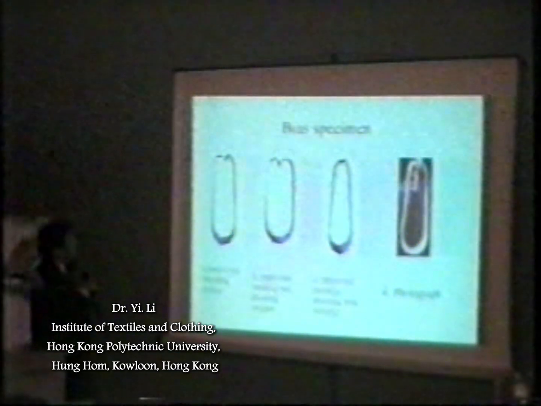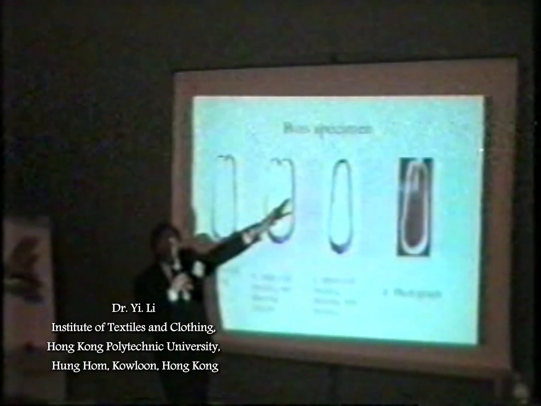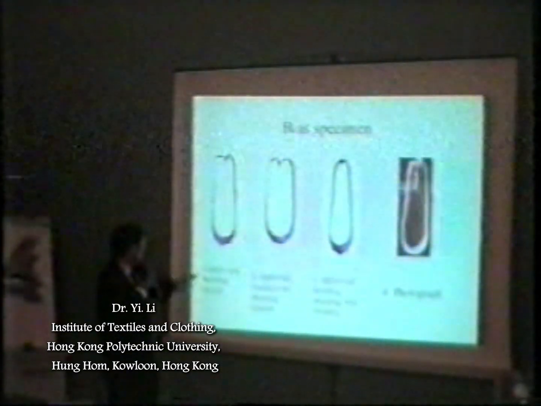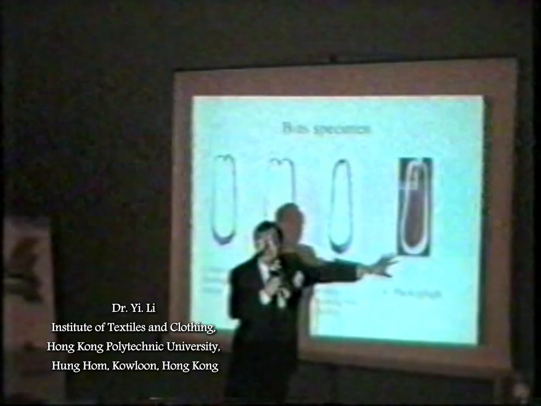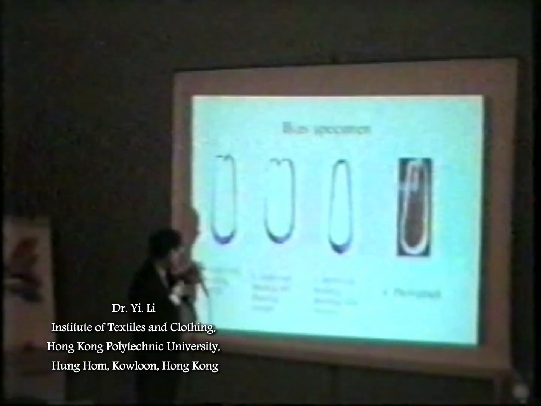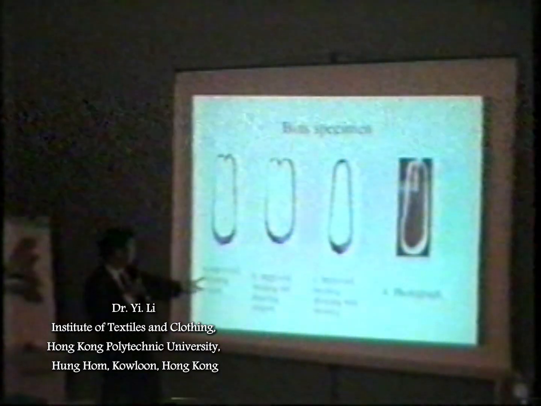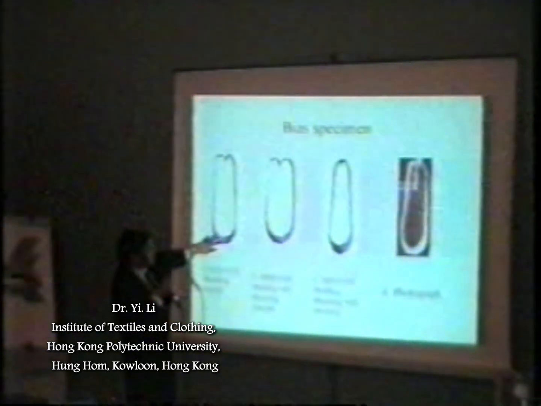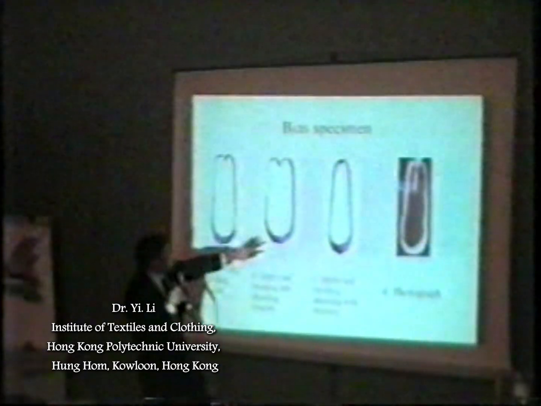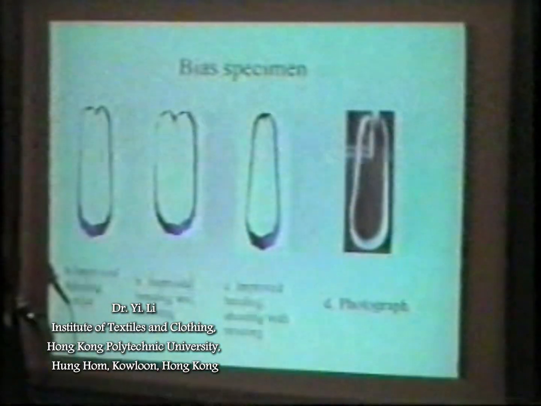Then we carry out another analysis on the bias direction specimen. From this one, that's the photograph of the experimental results. Then we use the improved model, improved only with the bending torque. You can see it's basically okay, but it's somewhat different from the actual experiments.